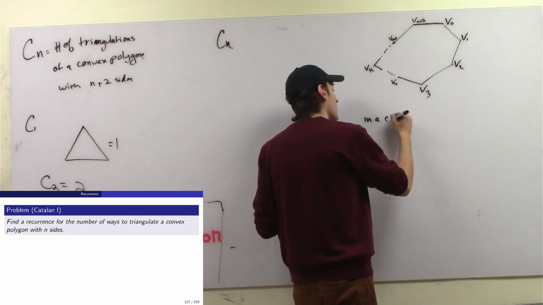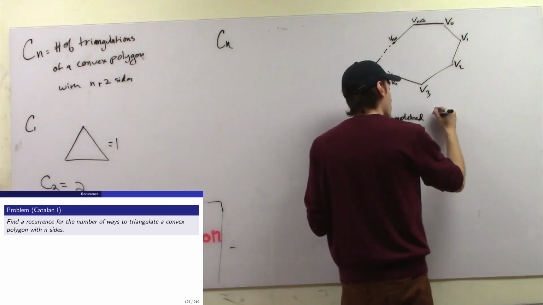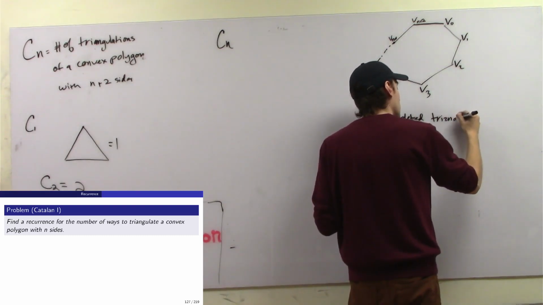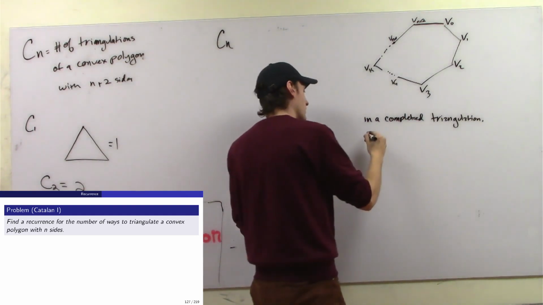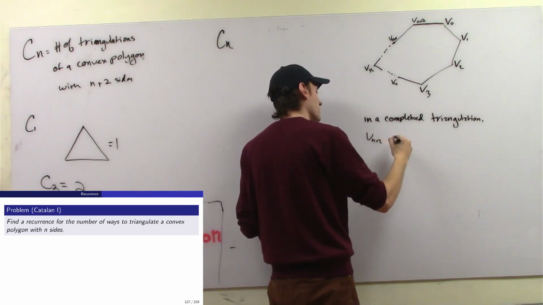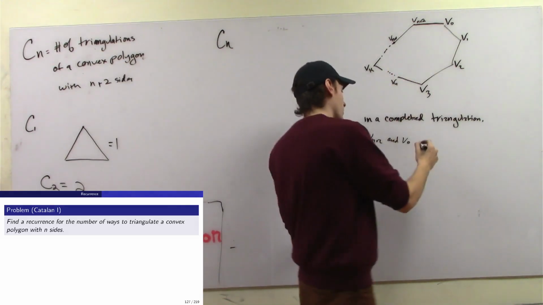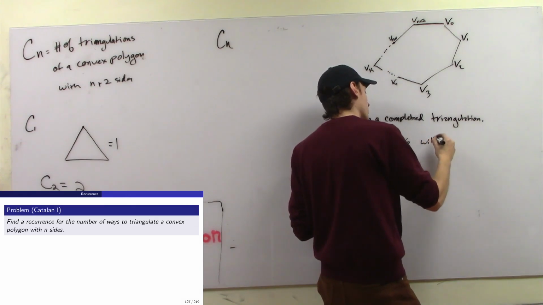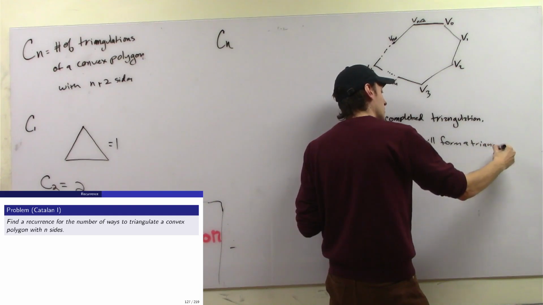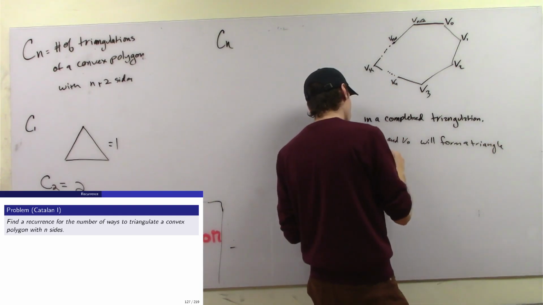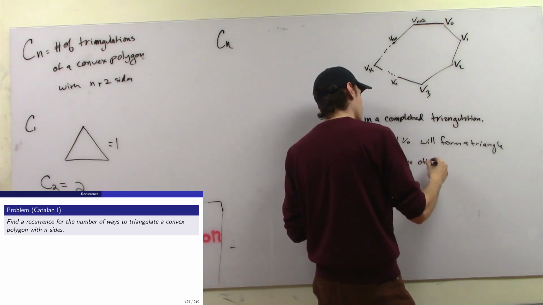So in a completed triangulation, vn plus 2 and v0, because they share an edge, will form a triangle with some other vertex.